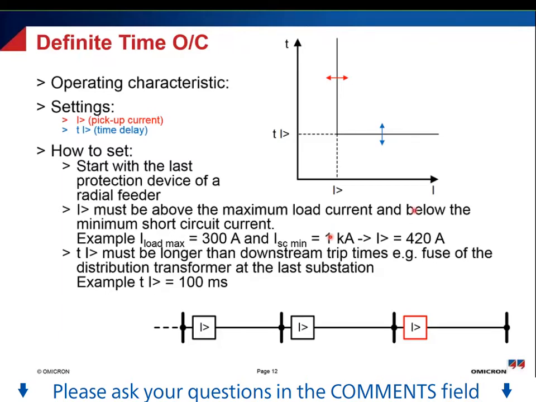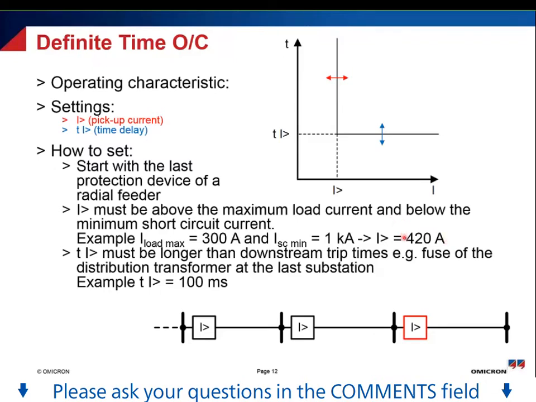And in this case, we choose 420 amps to have at least some distance between the maximum load current and our setting, to make sure that there is no overreaction of the protection system in case of a current close to the maximum load current. Okay, so now we have our setting for the first value, I greater.